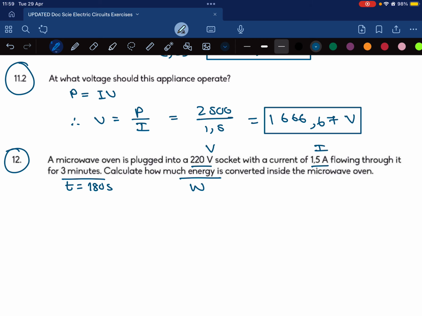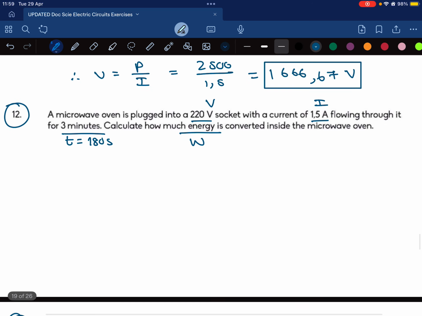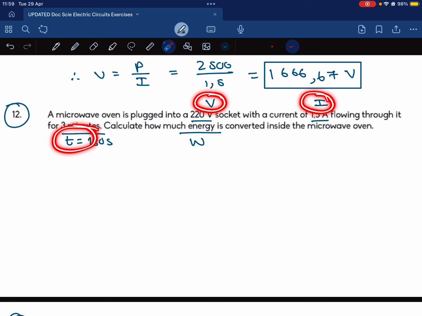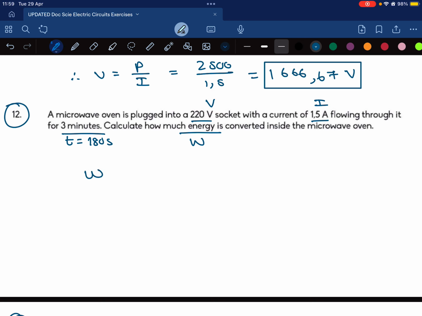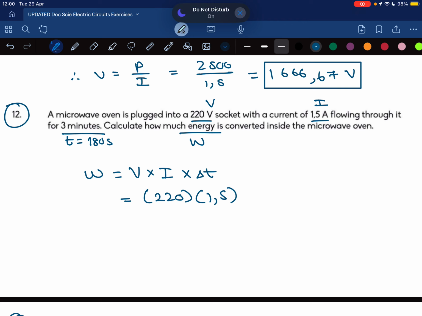For this one, you can just use one of your energy equations. There is one where you're using both V, I and delta T. So you'll say, well, work is equal to V times I times delta T. So the voltage is 220, the current is 1.5, and the time is going to be 180.